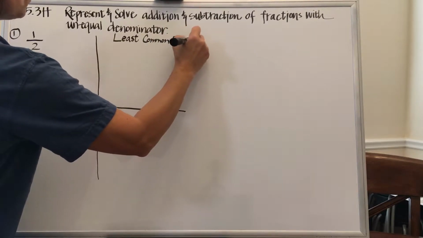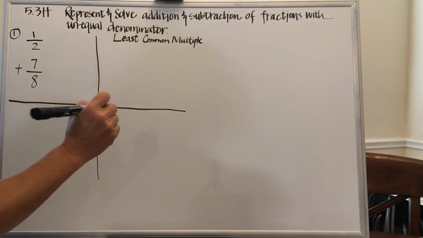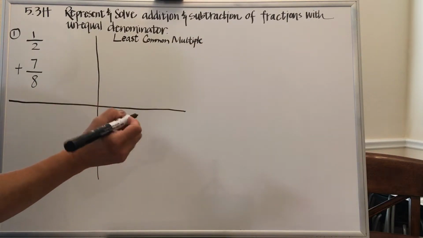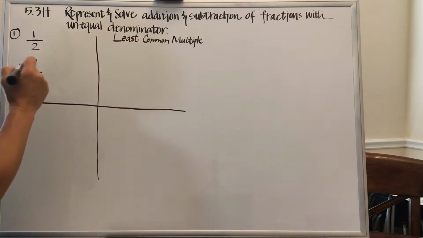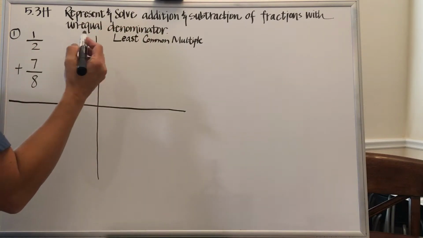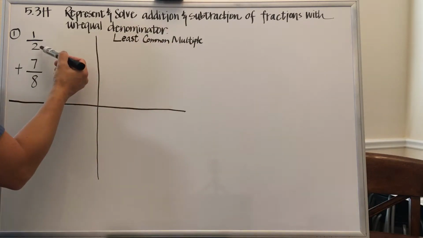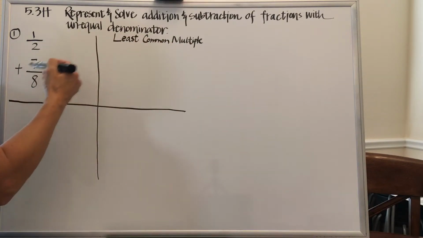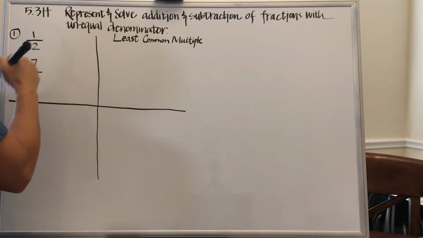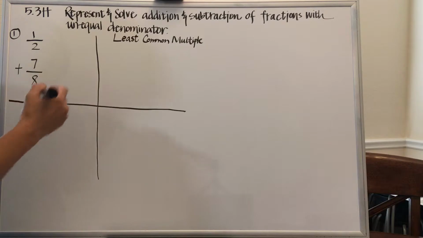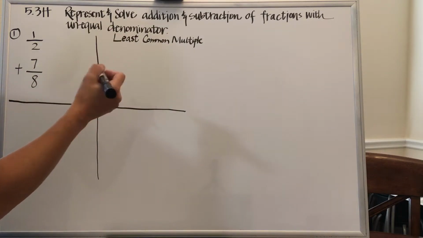Now multiple is very different from what we talked about when we talked about greatest common factor. Factor is what makes the number, okay? Multiple is like a multiplication chart. So when we're looking for the least common multiple that is shared between the two denominators, we're listing the multiples of these denominators in order so you can see which one is the smallest one that they share.